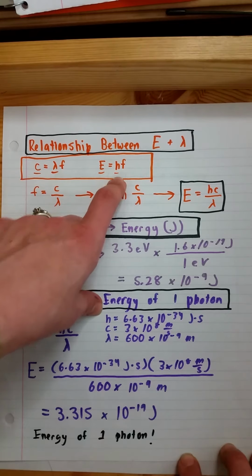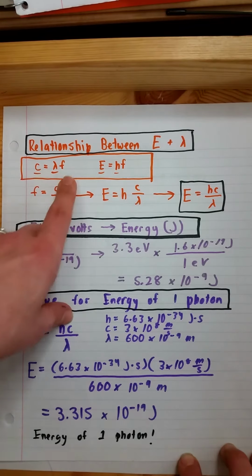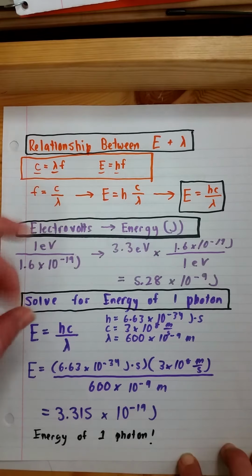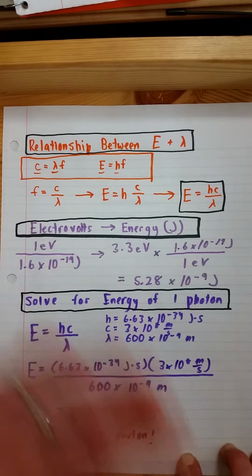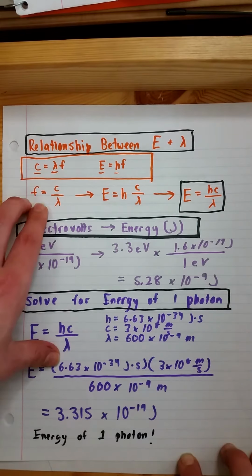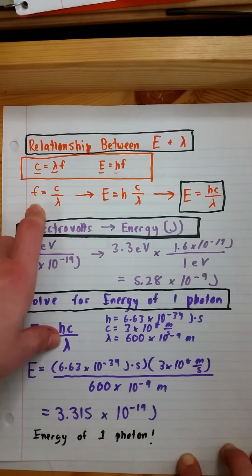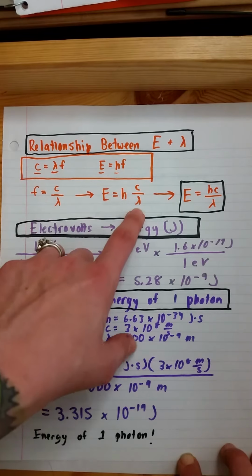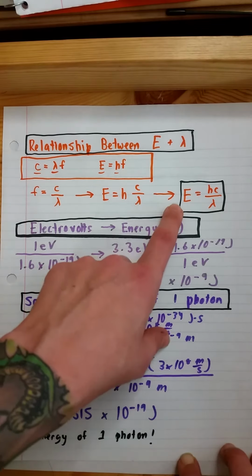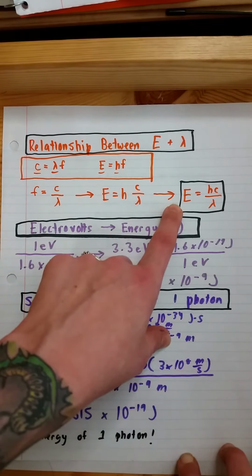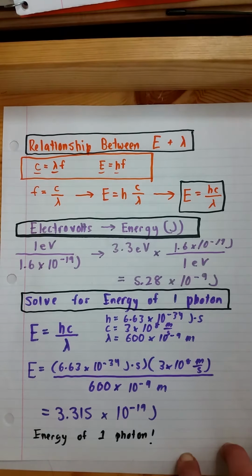Planck's constant is a given, and the speed of light is a given. So the only thing that we don't have is frequency. So we can combine these equations to get rid of frequency. We're going to isolate this to find frequency, then plug that value in for frequency here. So now we have a new equation: energy equals Planck's constant times the speed of light divided by wavelength.